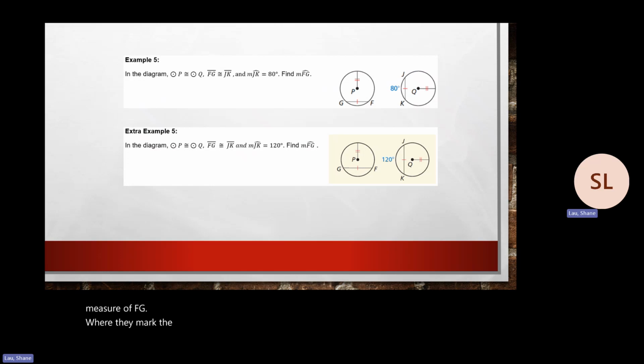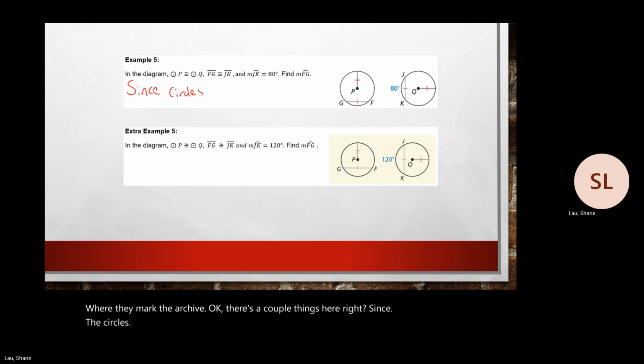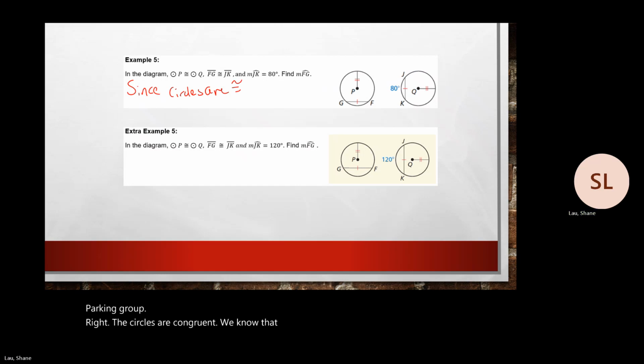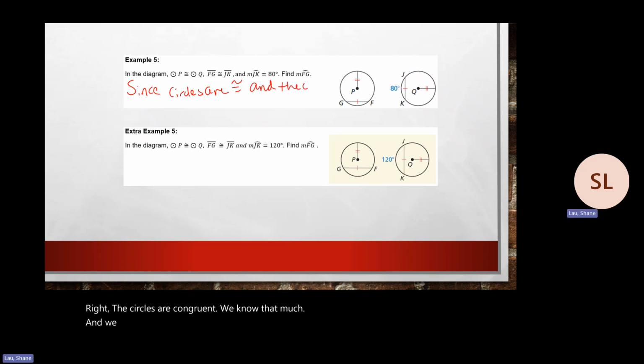Okay, there's a couple things here, right? Since the circles are congruent, the circles are congruent, we know that much. And we know that the chords are congruent.